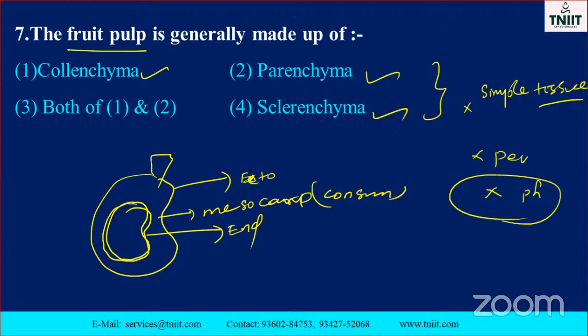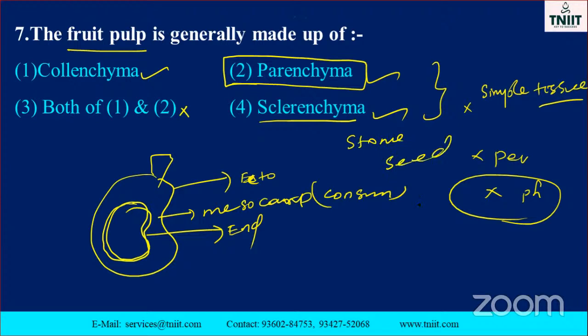Fruit pulp is made up of which one? Maximum of all the components are made up of parenchymatous cells only. The collenchyma will not come, so automatically these two will not come. Sclereids are already in our discussion, but stone cells are mostly found in the seed coat. Don't forget, my dear, the seed coat is the hardest part of the plant body where the sclereid is present.